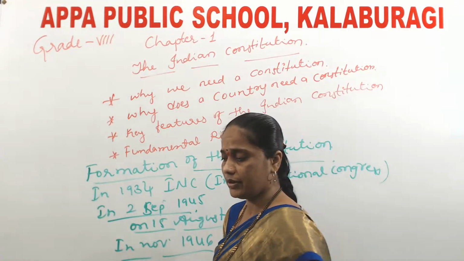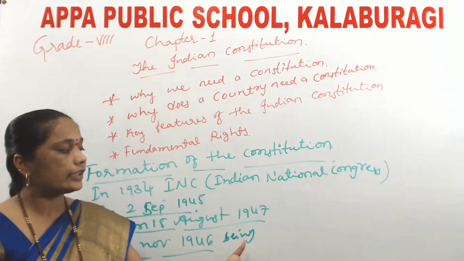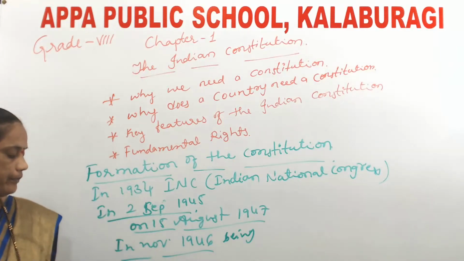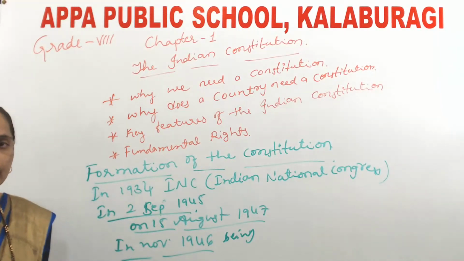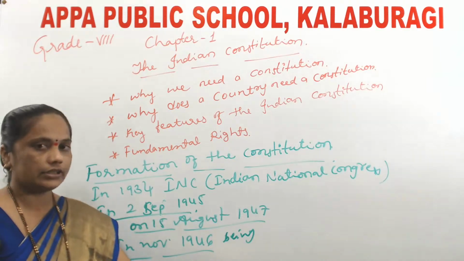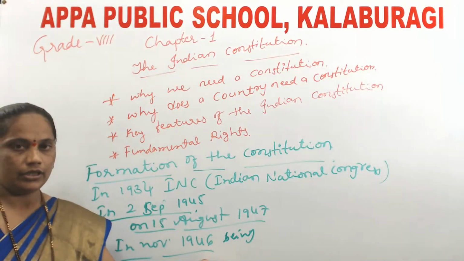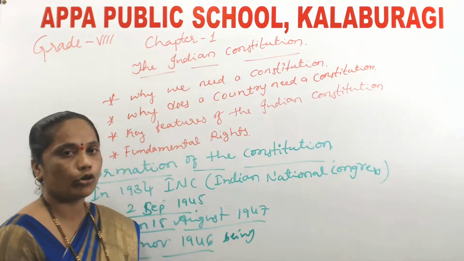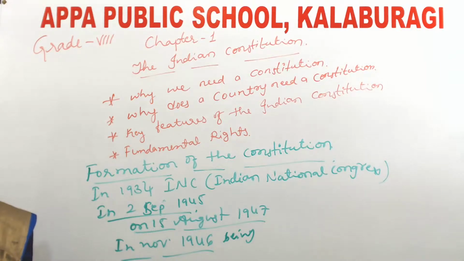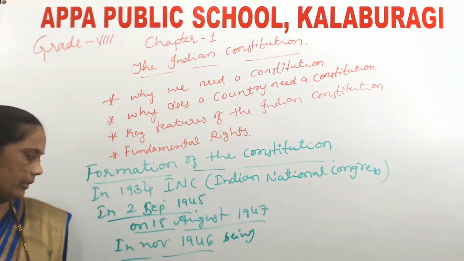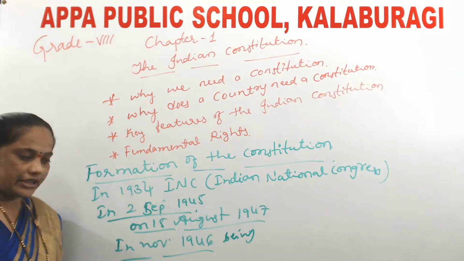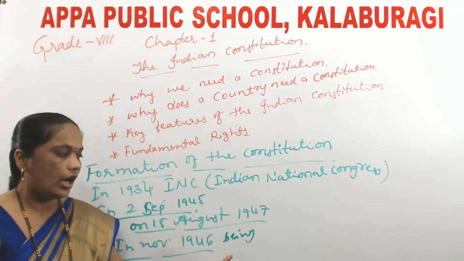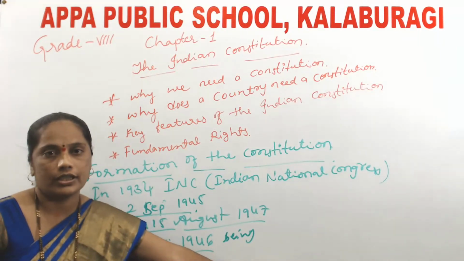In the Constituent Assembly, members were elected from the Provincial Assemblies by indirect elections. The Constituent Assembly was not considered a sovereign body because it was brought from the British government, worked under the British government, and the British could abolish it.